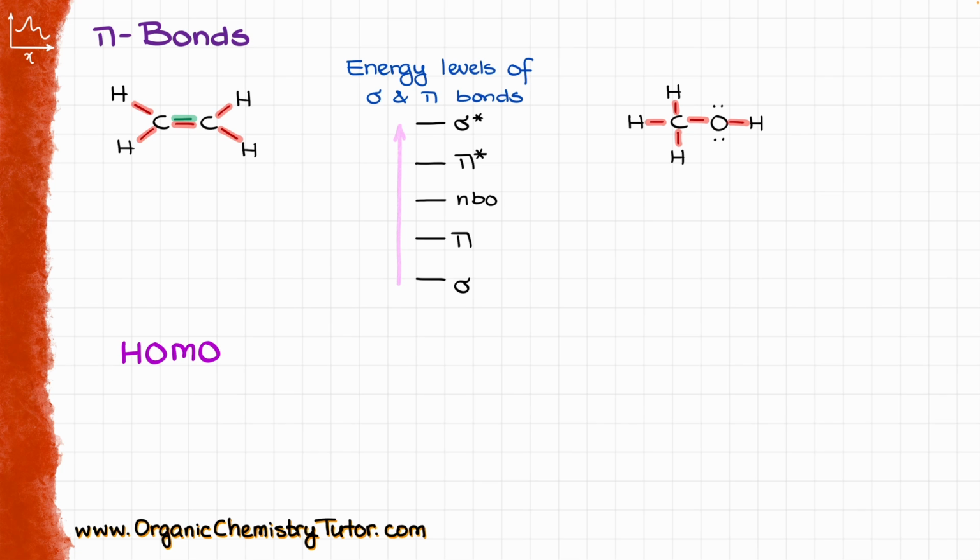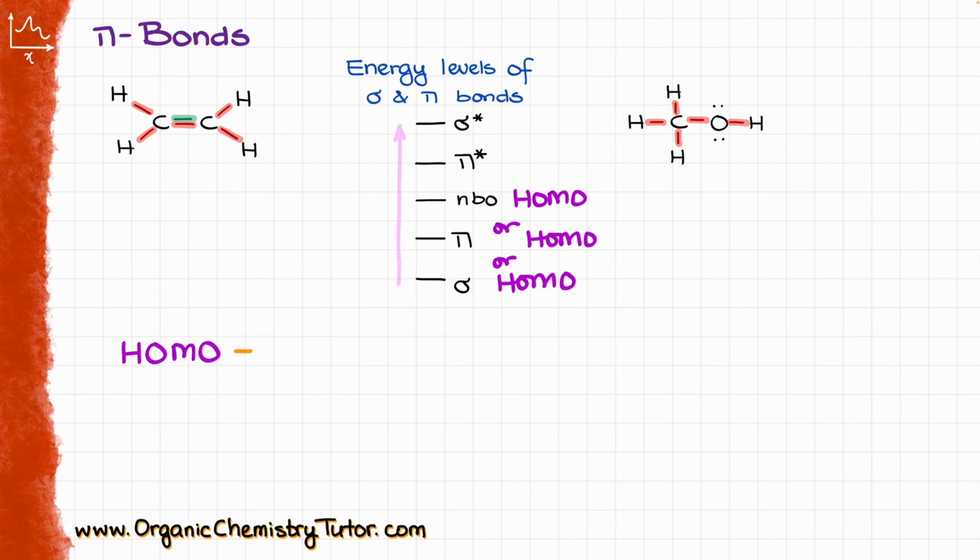Typically, the HOMO orbital is going to be either the non-bonding orbital, because that is the highest in energy, usually where the electrons occupy, or it can also be the pi bond as our HOMO orbital, or if we do not have any pi bonds or we do not have any non-bonding electrons, then our highest occupied molecular orbital can be the sigma bond itself.